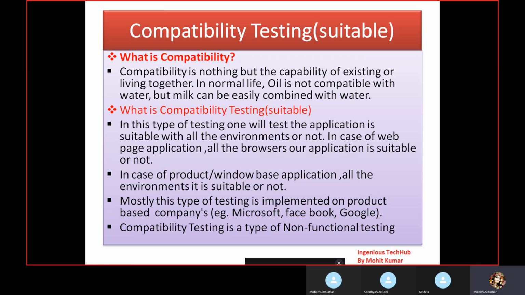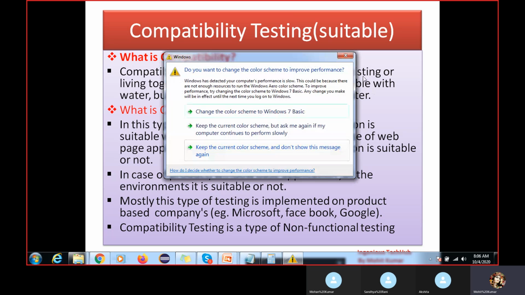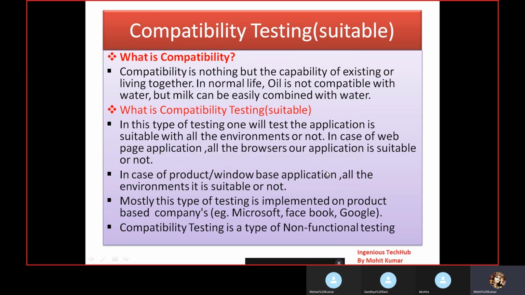Even for other applications we can do compatibility testing, not only for product-based companies. If anyone has developed any software, it must work in all environments and on software and hardware devices. Software means, for example, the multiple browsers you are using. Hardware devices means your computer, iPad or smartphone. This is all the stuff we will check in compatibility testing.